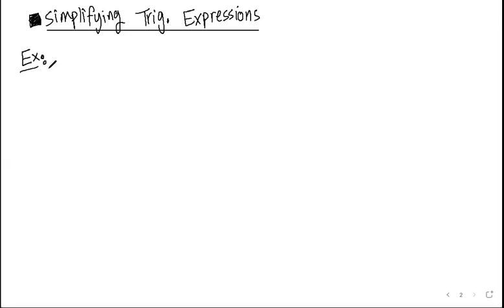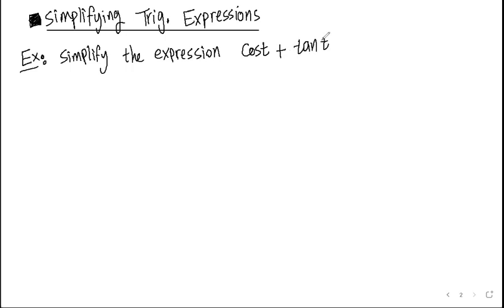The question is: simplify the expression cosine of t plus tan of t times sine of t, where t is the angle.